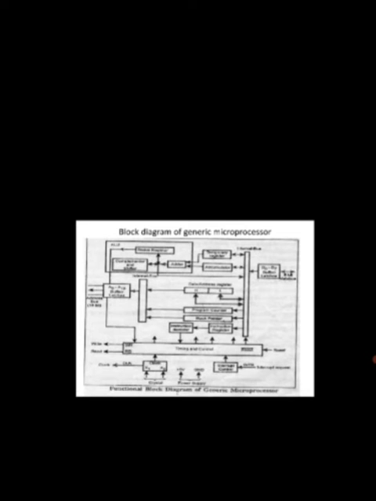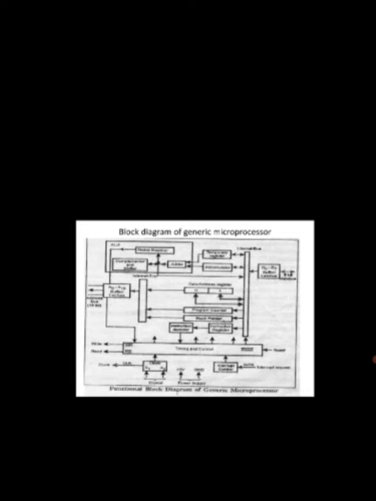We are going to see the significance of each block one by one in this whole chapter. Basically, this block diagram is divided into 6 parts. The first is the arithmetic and logic unit. The second is the registers. The third is the instruction decoder. The fourth is the timing and control.